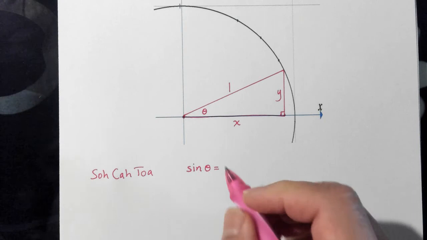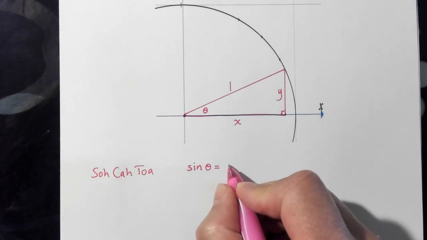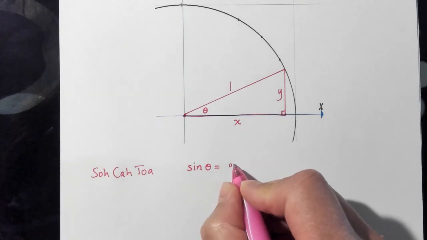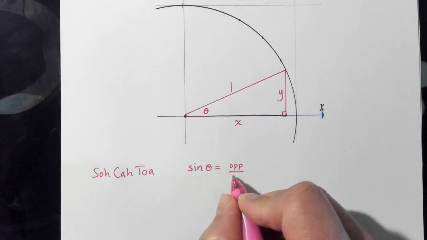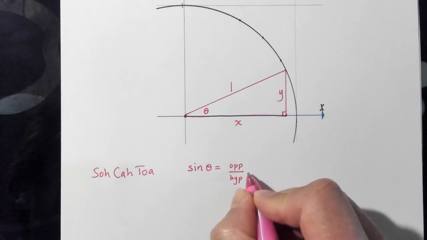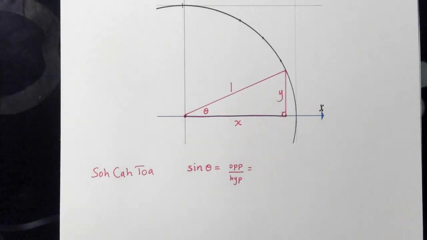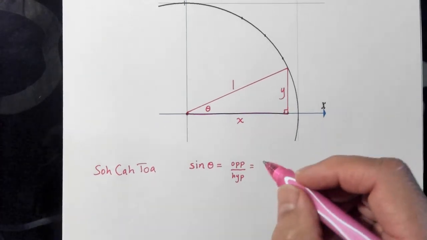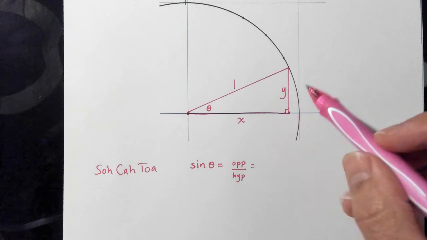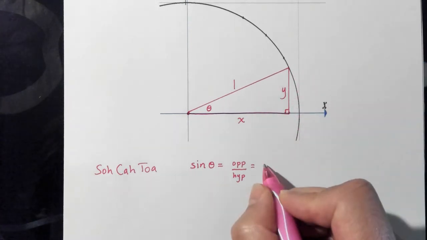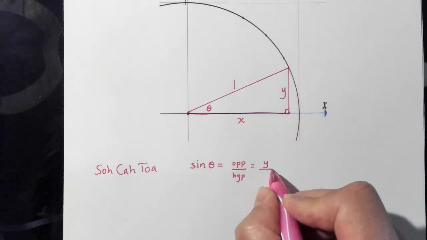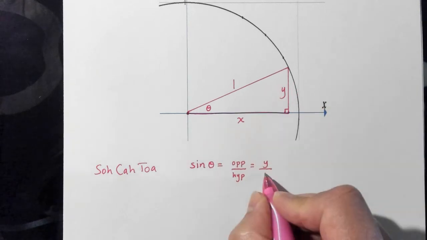We know that sine is opposite over hypotenuse. And if you look at this generic triangle, not a special triangle at all, the opposite side is y, and the hypotenuse is 1.